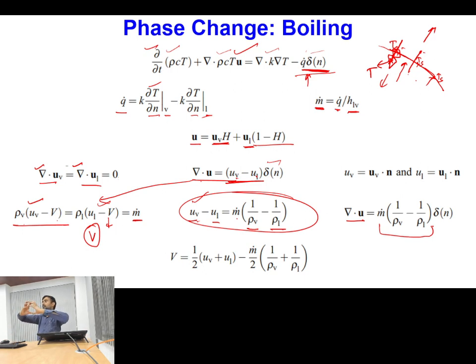How much your control volume is deforming in a given amount of time. The deformation of the fluid element in a given amount of time. So when you are estimating the deformation of the control volume in a given amount of time, that extension is actually dependent upon the rate at which liquid is converting into vapor, and that will also be a function of their densities.